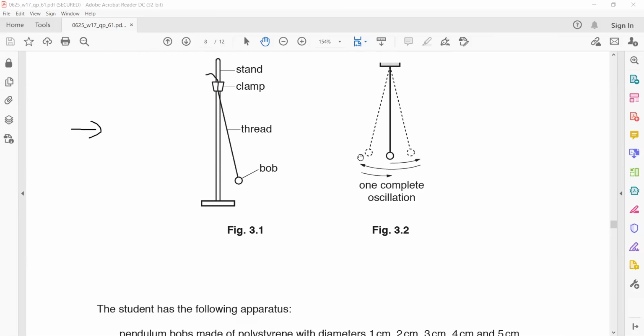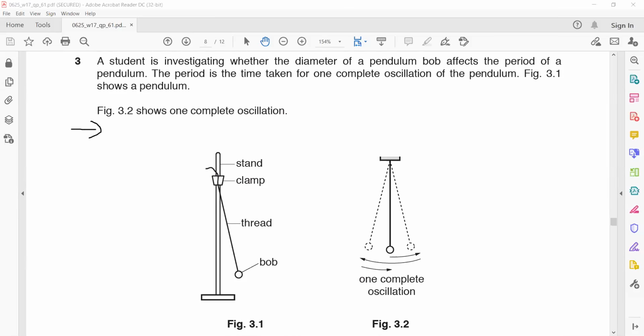What else do I need here? Stopwatch, clock. Yeah, so we need a stopwatch here, because without using a stopwatch we cannot measure the time. As well as a meter rule, because we want to keep the length of the pendulum the same every time.